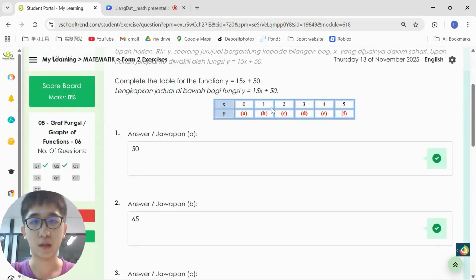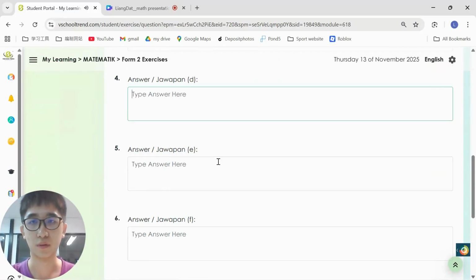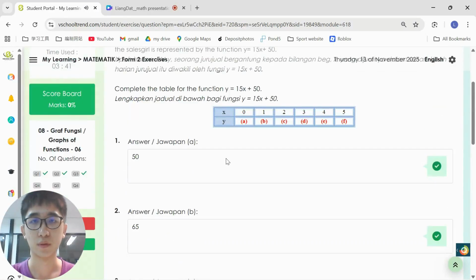When s is 2, 15 multiplied by 2 becomes 30, and then 30 plus 50 becomes 80.